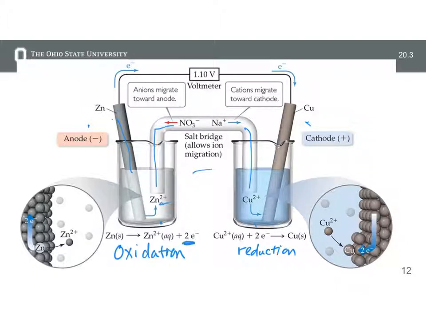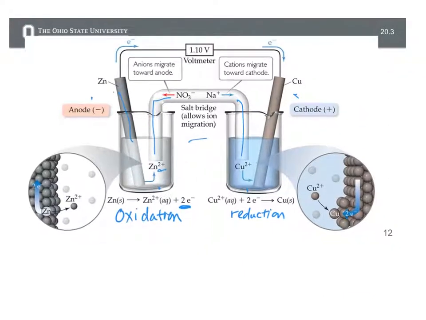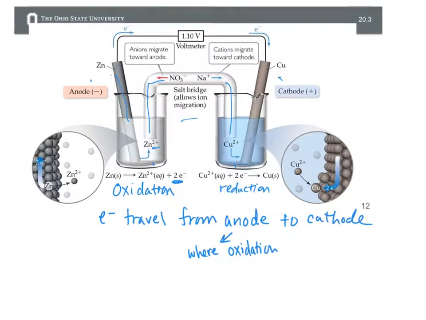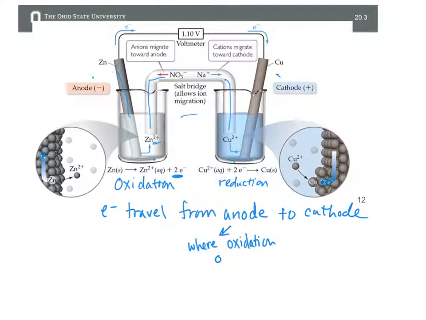And the way that the electrons are going to travel, this is important, is that electrons will travel from the anode to the cathode. The anode is the place where oxidation takes place. That's the definition. And the cathode is where reduction takes place.